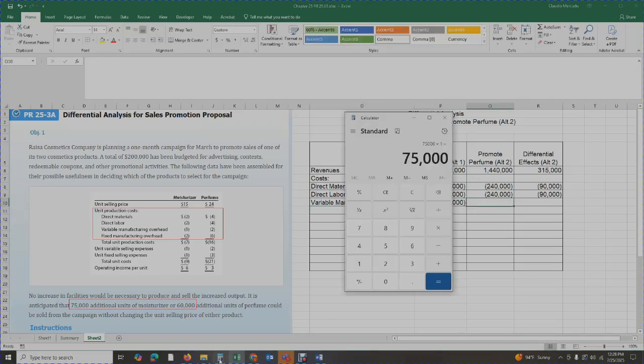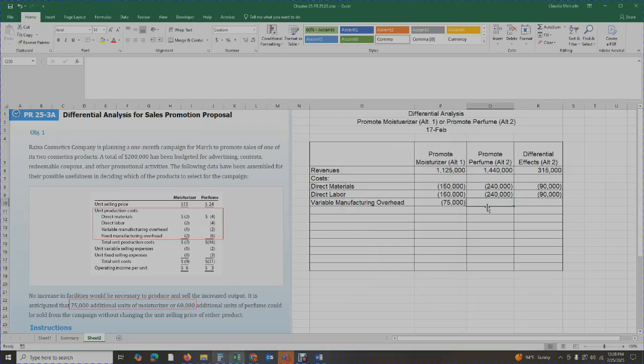For my perfumes, I'm going to have 60,000 perfumes at $2 a piece. Here for my variable manufacturing overhead, it's going to give me 120,000. So we're going to get the difference between the two, and that gives me 45,000. So you see, so far alternative 2 is yielding higher cost than alternative 1.